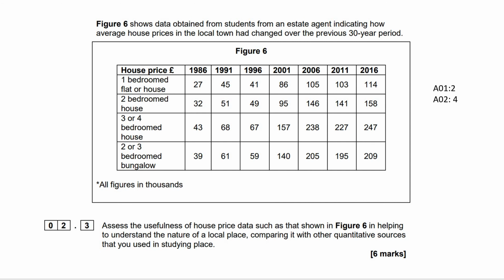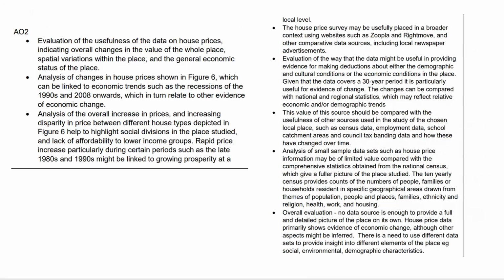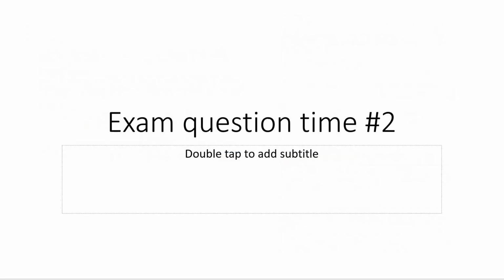Now the mark scheme is there. Feel free to have a little skim and have a look at it before you answer your question, but remember that structure of this is key. So you'll find the mark scheme just here, and make sure you're using a wide variety of key terms.